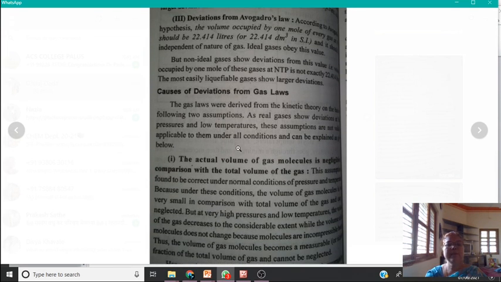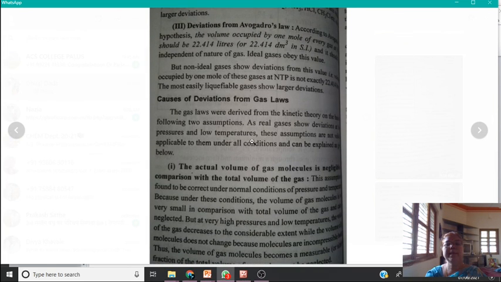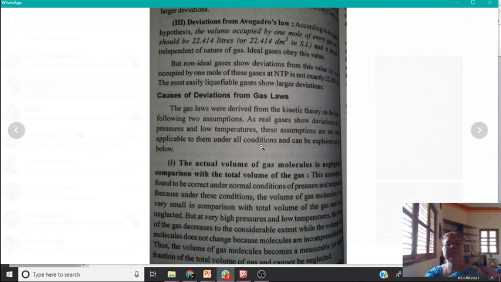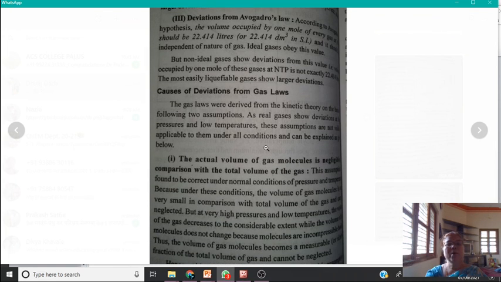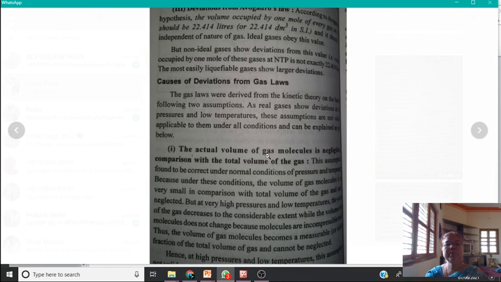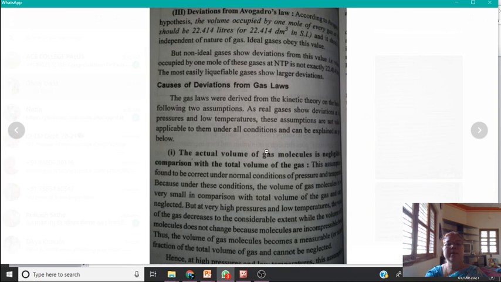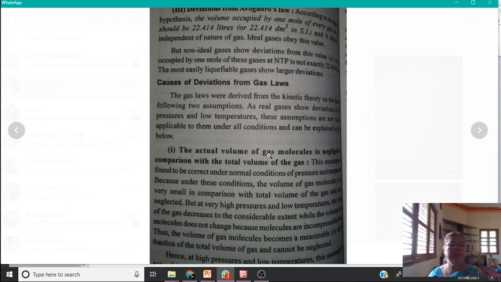As last time I have told you, the gas laws were derived from the kinetic theory of gases, and the following two assumptions are not obeyed by real gases. The actual volume of the gas molecules is negligible in comparison with the total volume, and there is no intermolecular force of attraction in case of ideal gases, but in case of real gases there is an intermolecular force of attraction.